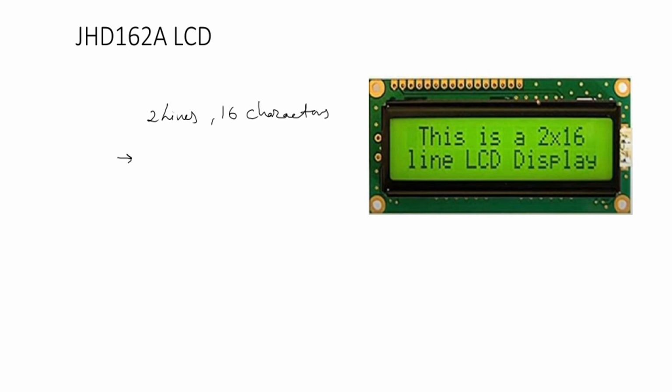We can use this LCD in either 4-bit mode or 8-bit mode. There are 16 pins here, where 8 pins are only data pins. Suppose you want to connect through 8-bit interfacing, then we need to connect 8 wires.